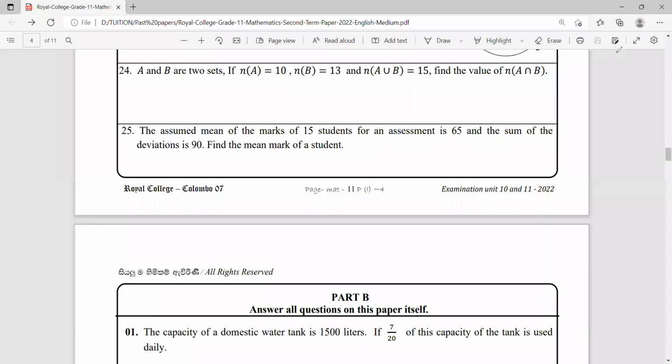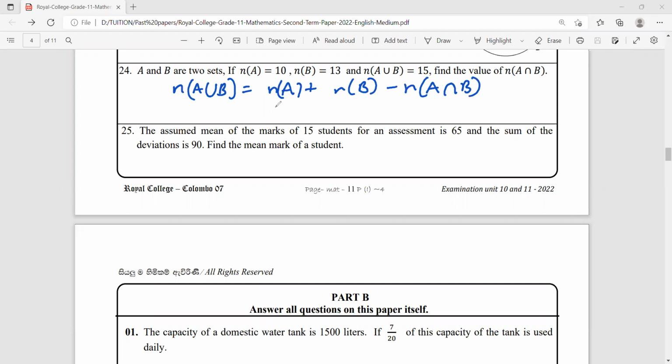You can say here A, B are two sets. You know this: n(A union B) is equal to n(A) plus n(B) minus n(A intersect B).